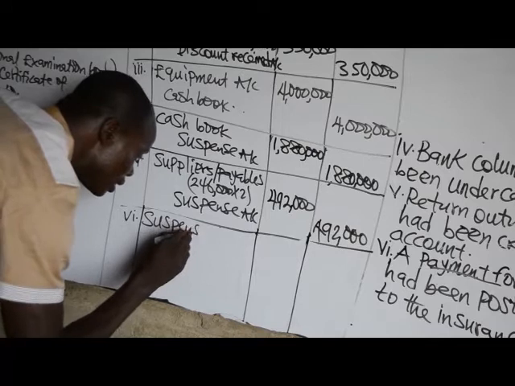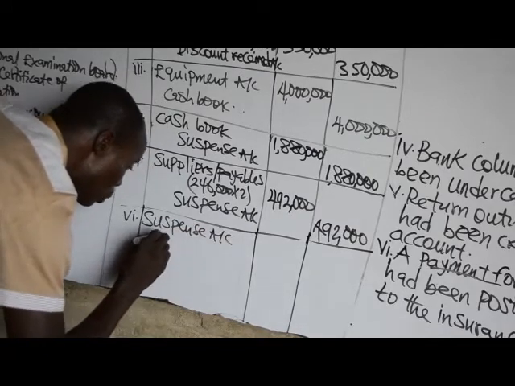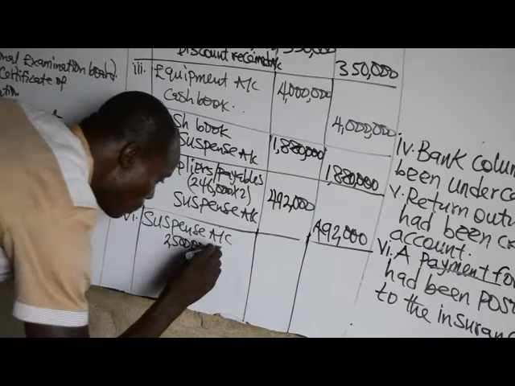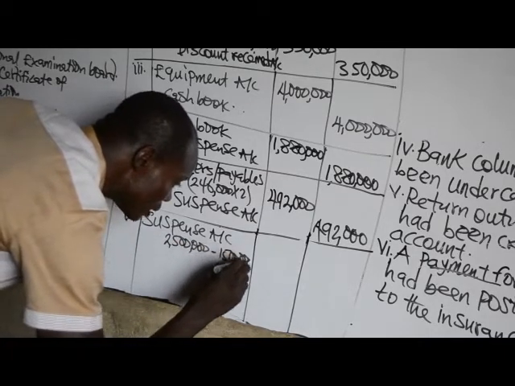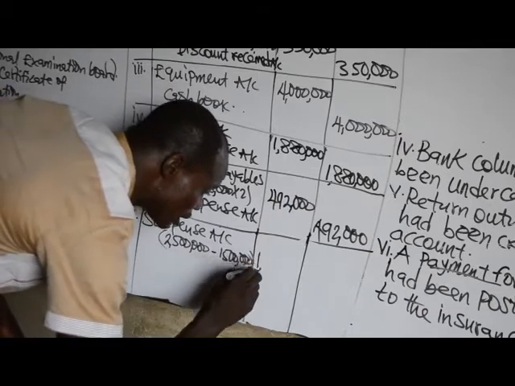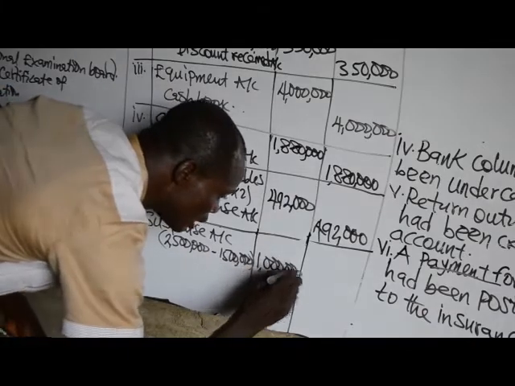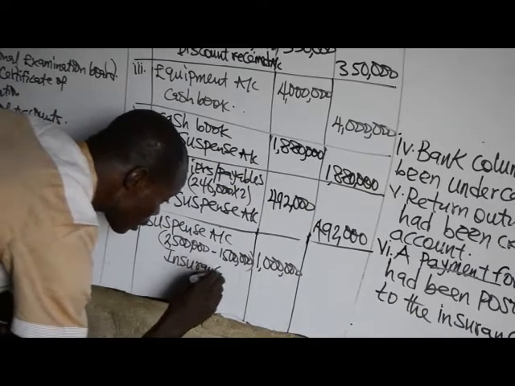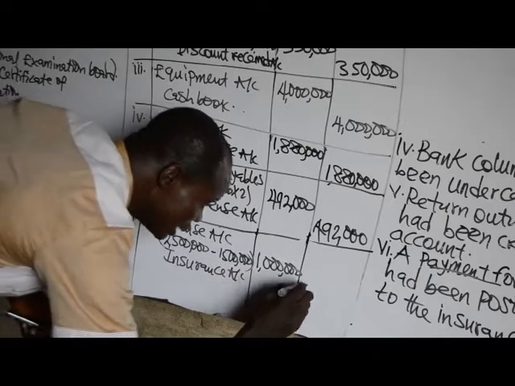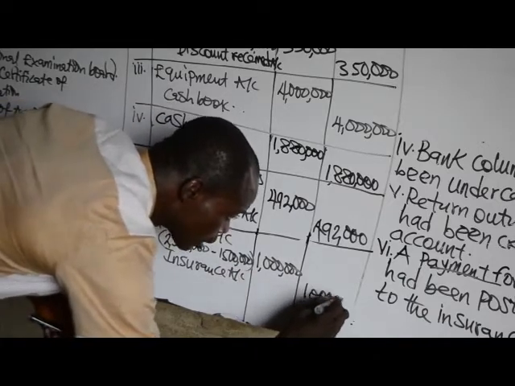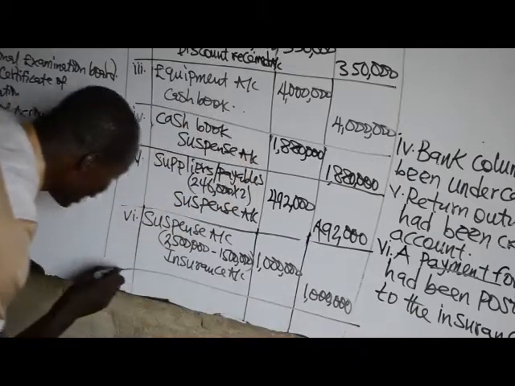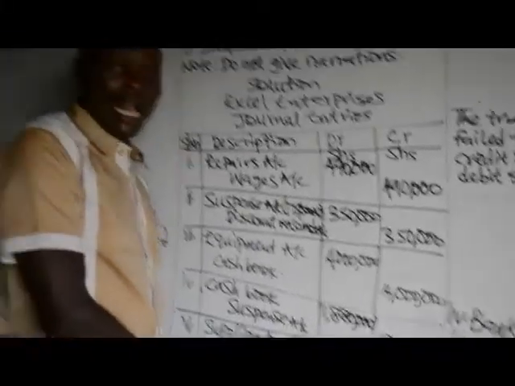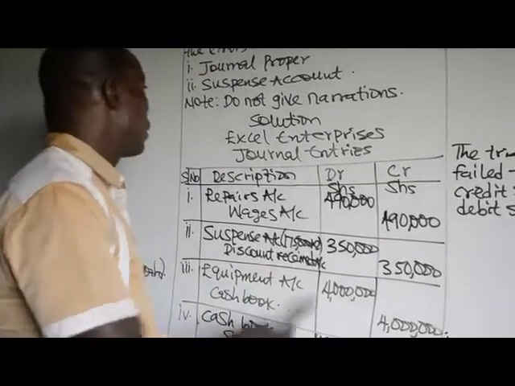That is the difference between 2.5 million shillings and 1.5 million shillings, which is 1 million shillings. Then you credit the insurance account with the same amount, 1 million shillings. Those are the entries required in the journal to correct the error.